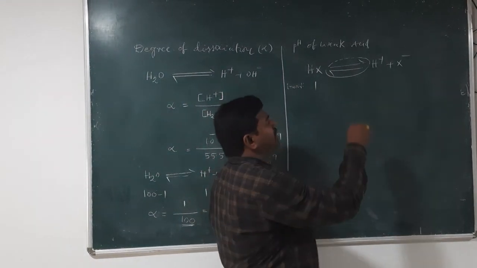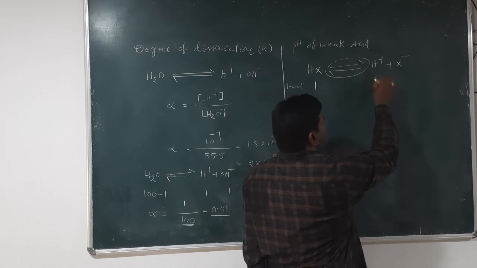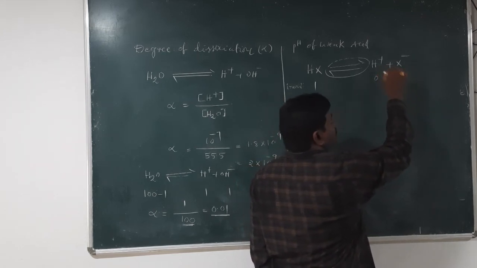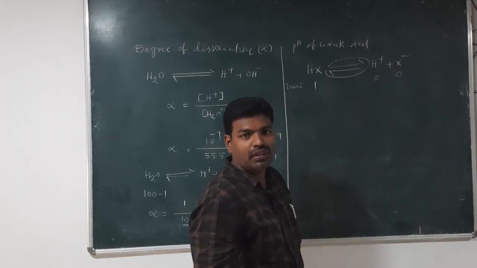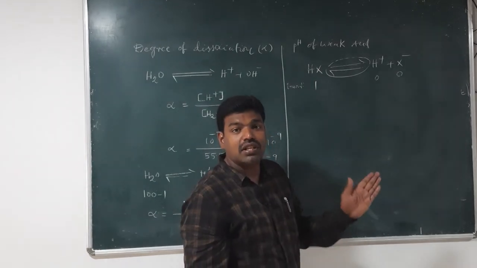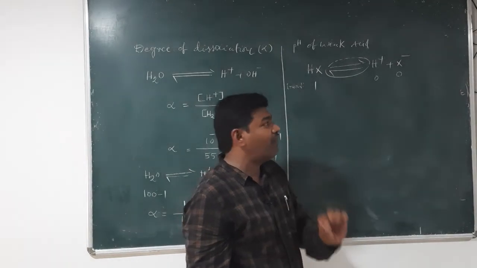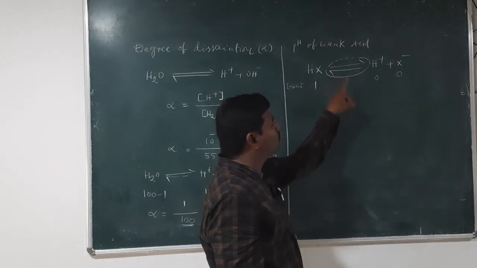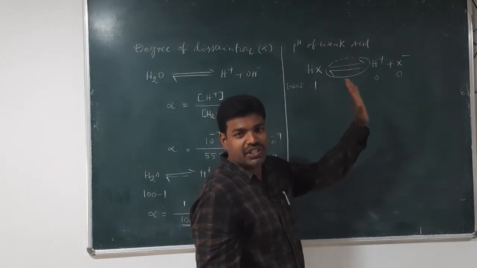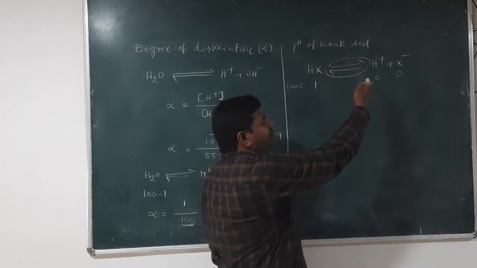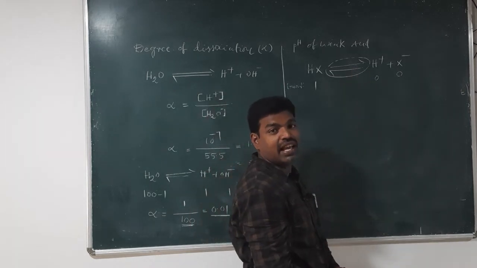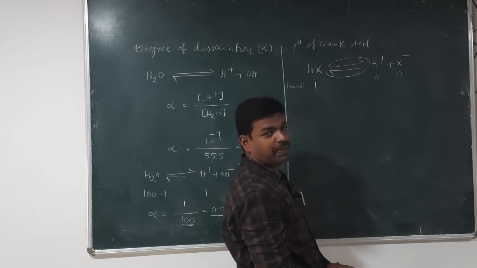In such a case, H plus ions and X minus ions are 0. When the acid starts ionization, some quantity undergoes dissociation and forms some amount of H plus ions and X minus ions.